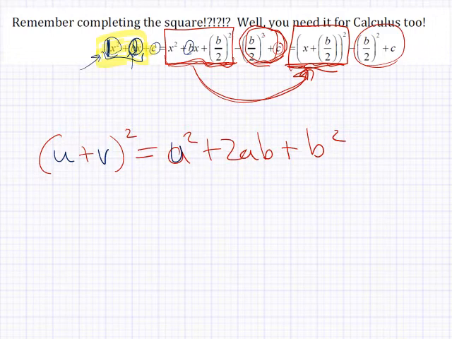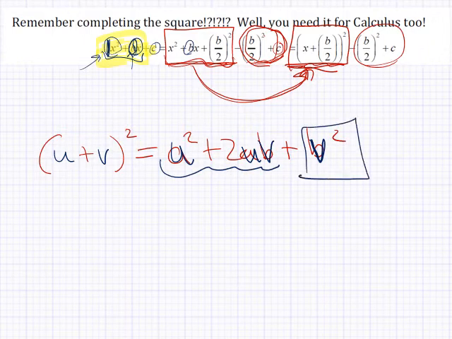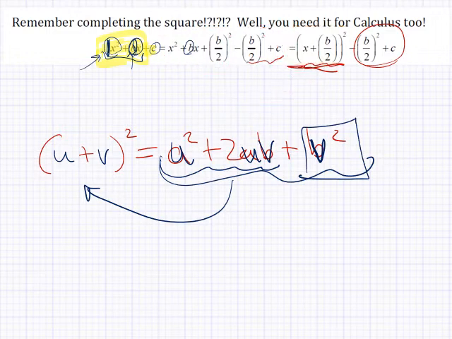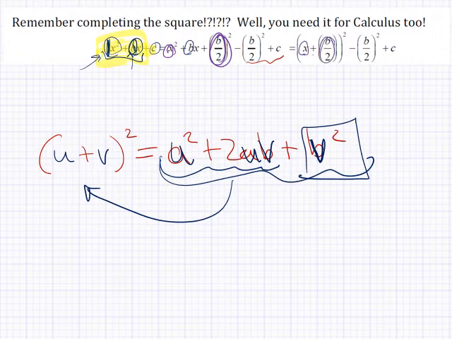So this would be u squared, 2uv, and let's say v squared. Essentially what you're doing is you're saying, I started off with this, and if I create this piece on the end, then this whole thing can be factored like this. And in what we're looking at above, essentially, here is my u, and b over 2 is my v, so that's why you get u plus v squared as the binomial.